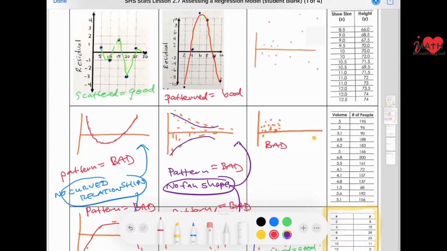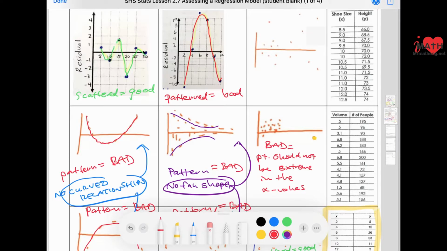And the reason why this one is bad is because that point should not be extreme in the x values. Okay.